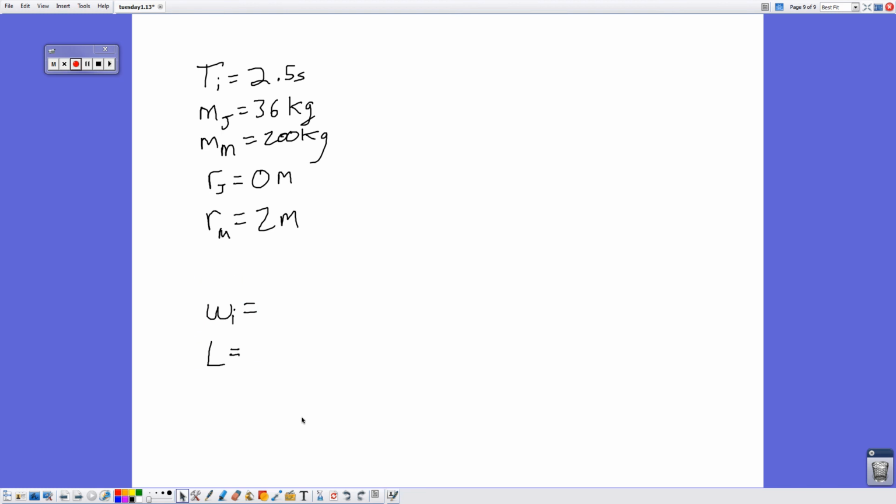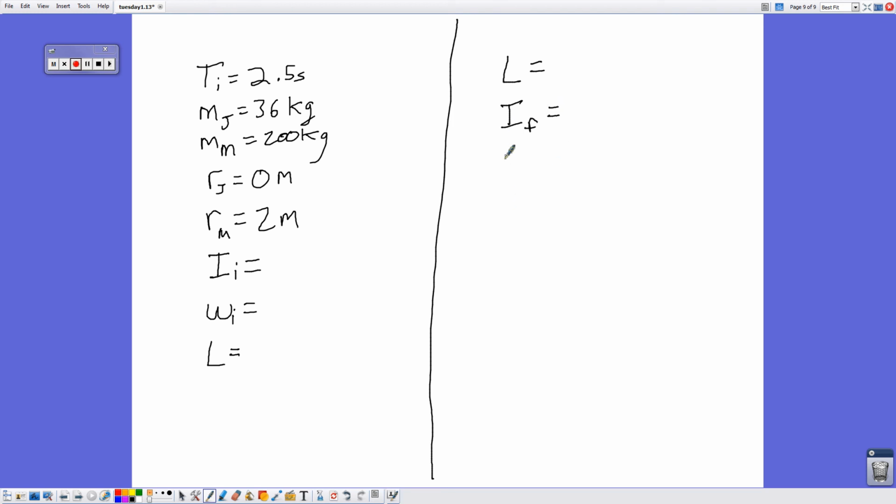First you have to find the total moment of inertia. Then, angular momentum has to be conserved. You can find the new moment of inertia, so you can find the final angular velocity, which should let you figure out the final period. Alright. Please now pause, do the problem, and resume when you have an answer. Go!